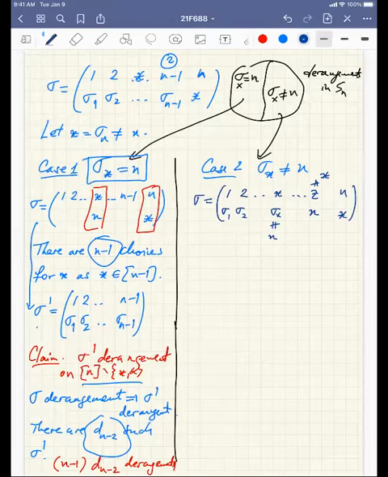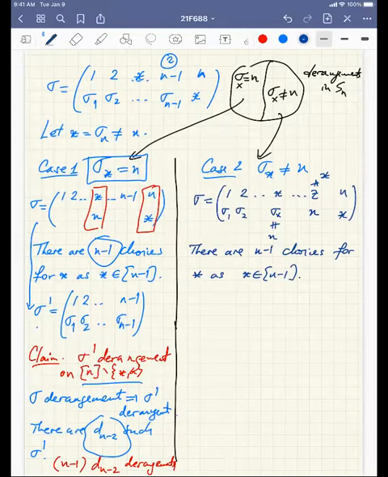Now, how can we count these permutations in this case? Same as before, there are n minus 1 choices for x, as again, x is not the element n, so it can be anything from 1 to n minus 1. And now we are going to do a similar construction as before here. So from sigma, we are going to construct a permutation, let's call it sigma double prime, on n minus 1 elements.